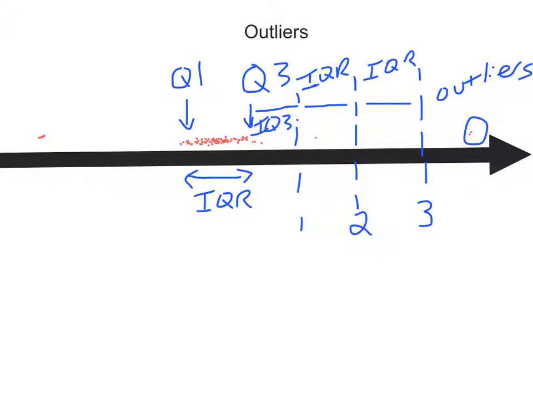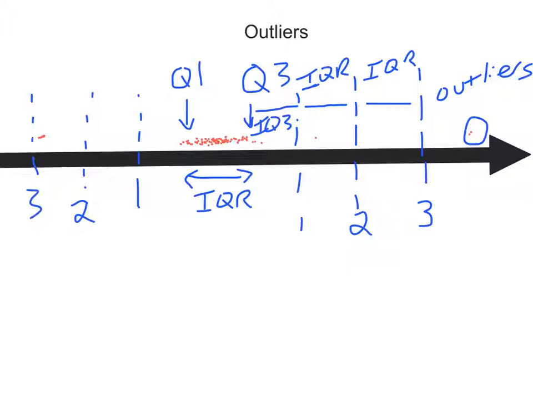And then the same thing on the negative side. So we have one IQR might be at that spot. A second IQR might bring us roughly to there. And a third IQR might bring us, let's just say that it's to right there.